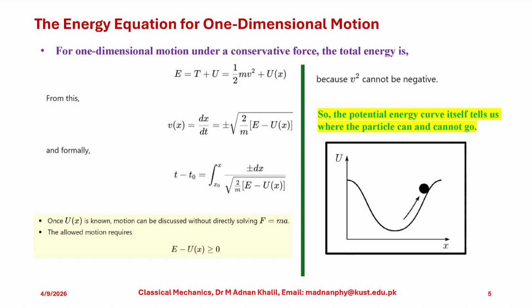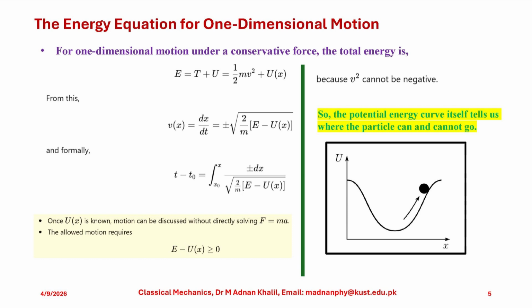Now, based on the previous slide, here we are discussing one-dimensional motion under a conservative force such that the total mechanical energy can be expressed as the kinetic energy plus the potential energy. If we rearrange this, we get half m v square equals E minus U of x, that is, the difference of total energy and the potential energy.